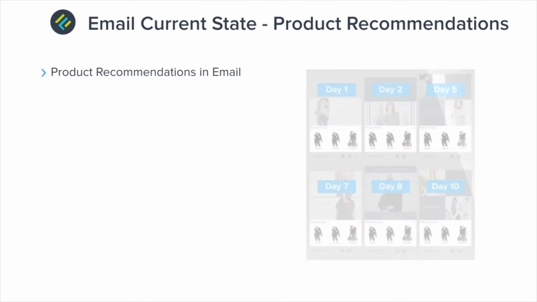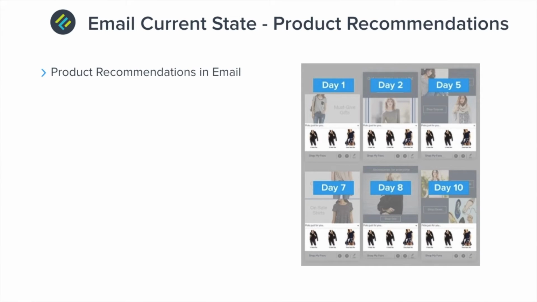Another type of content that you see in emails today are product recommendations. We're all familiar with what this looks like, a little strip of products that shows different variations, trying to see if we can find the right thing for a person.